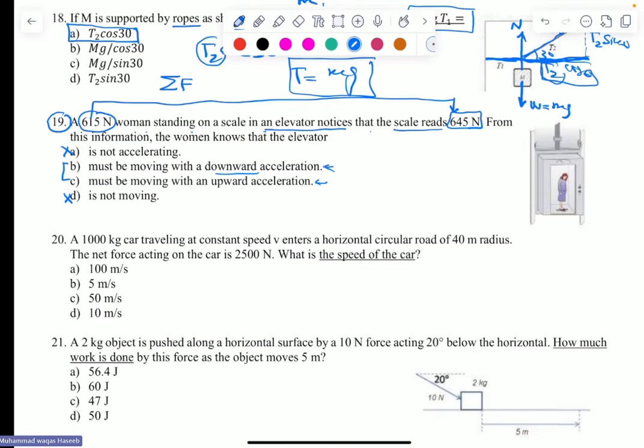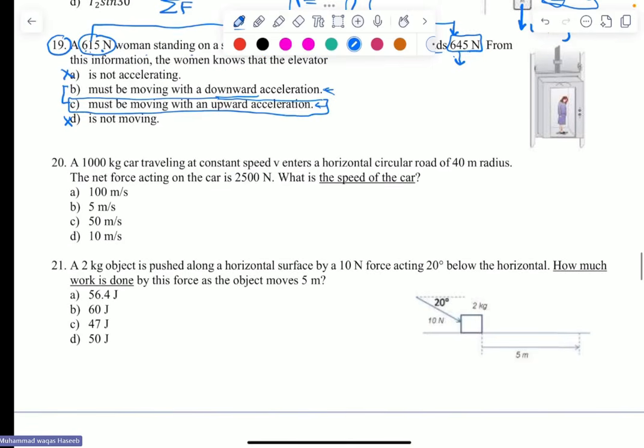So if you see, from 615 Newton to 645 Newton, the weight of the woman inside the elevator is increased, so it is going upward. If it decreased, then it's going downward.